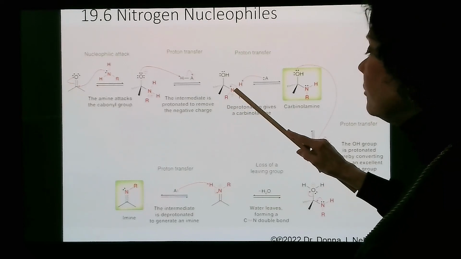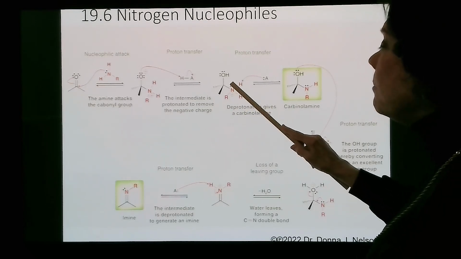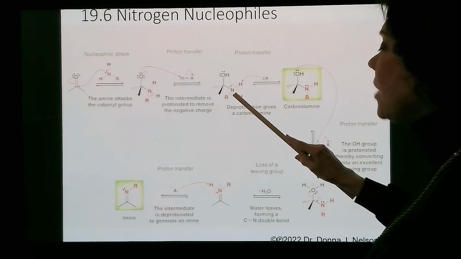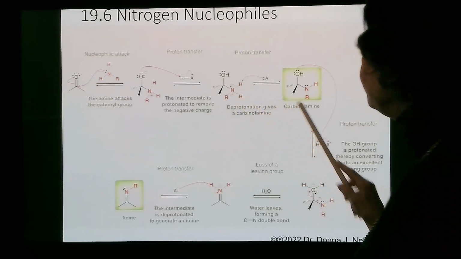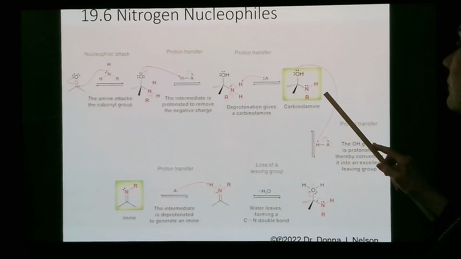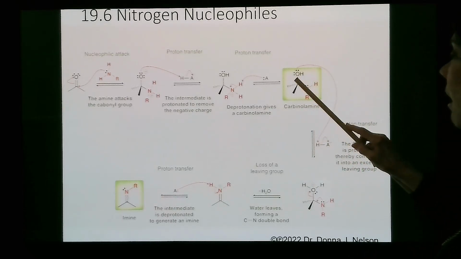The pair of electrons in the nitrogen-hydrogen bond moves back onto nitrogen, satisfying the positive charge on nitrogen. So now we have this neutral molecule.